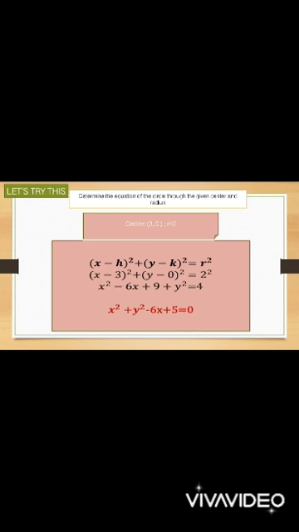So completing the square, x squared minus 6x plus 9, then y minus 0 is y, so y squared equals 4. Therefore, the equation is x squared plus y squared minus 6x plus 5 equals 0.